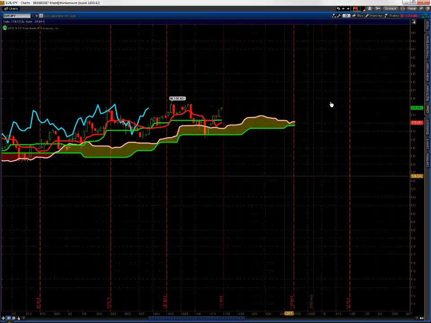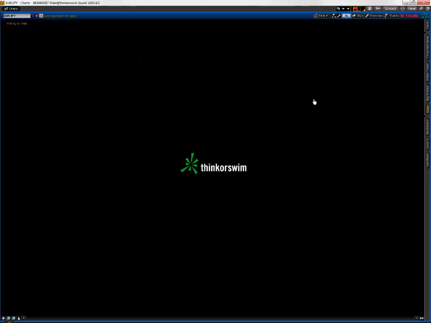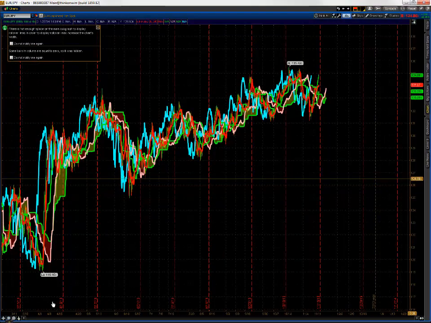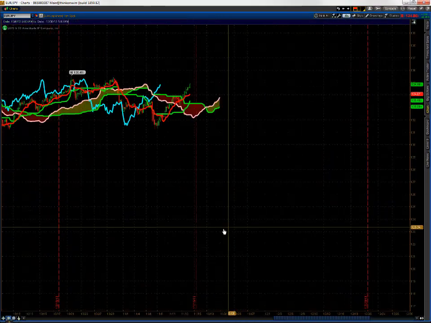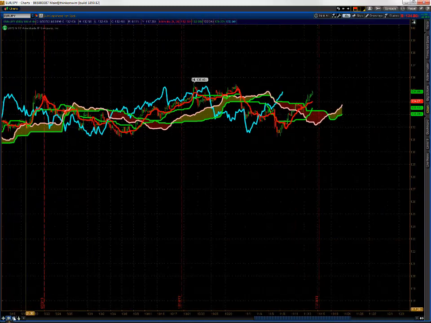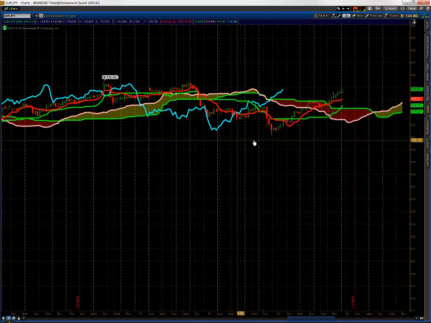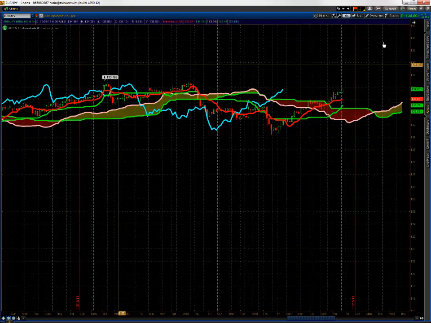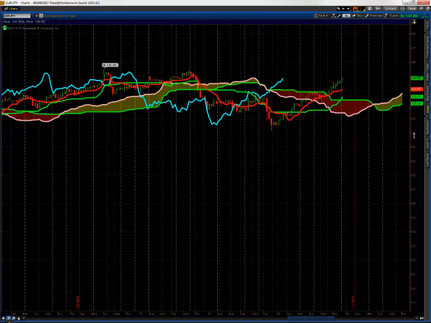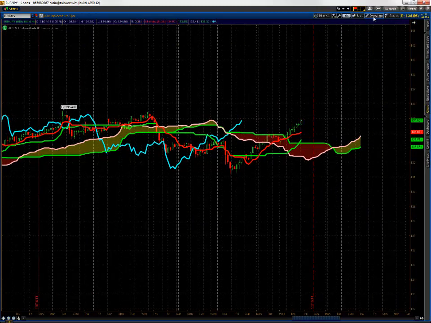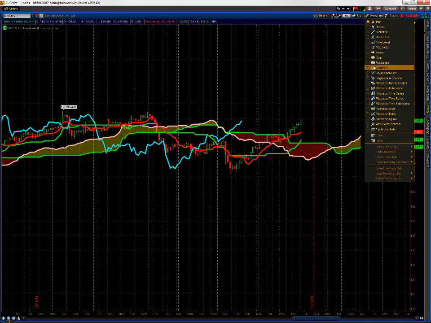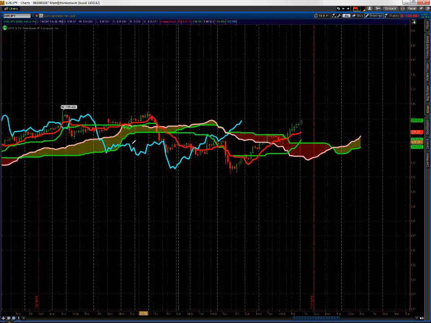On Forex, it works best on the 4-hour bar. As you can see here, we have a perfect setup right here. Look at this, guys. So this is euro yen.